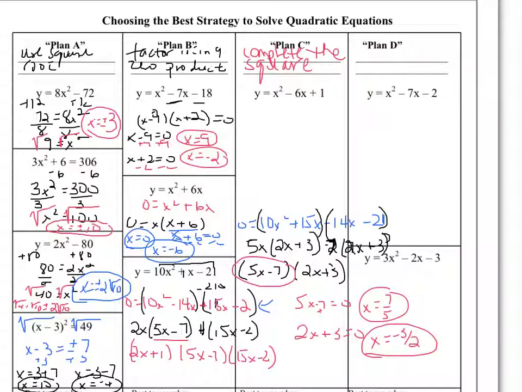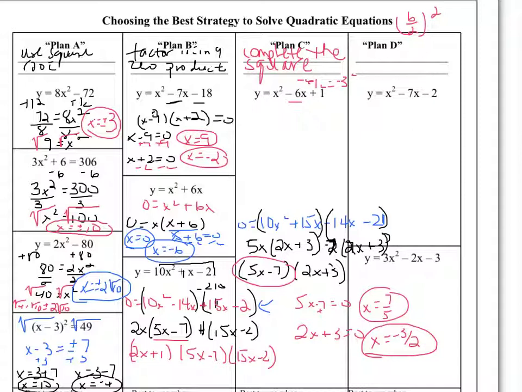Okay, so remember in this one we used negative b over 2a. Sorry, we didn't use that. We used b divided by 2 squared. In this case, b is negative 6. Negative 6 divided by 2 is negative 3, and negative 3 squared is 9.